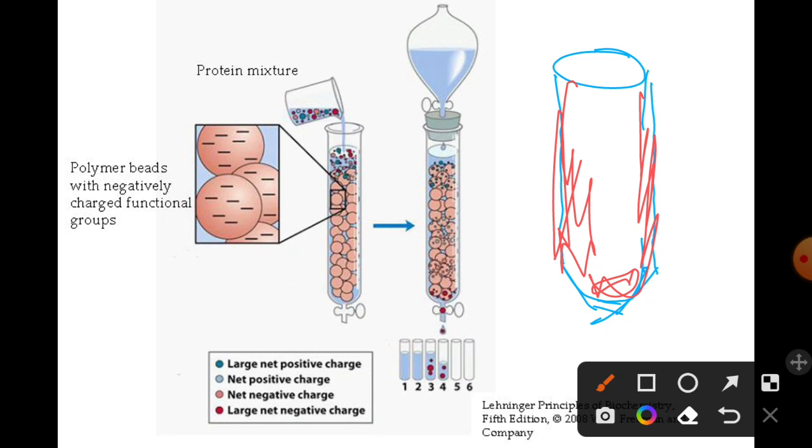So now the question is, what is the utility of those bound charge groups in the synthetic polymer resin? These bound charge groups will help you to separate your protein of interest on the basis of their charge. Let's see how.